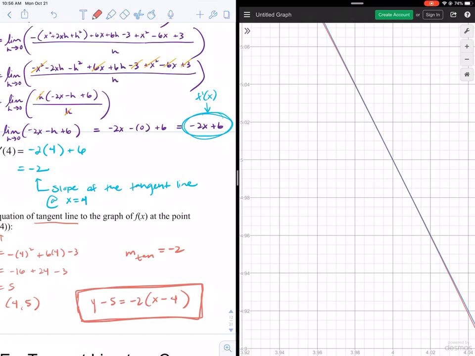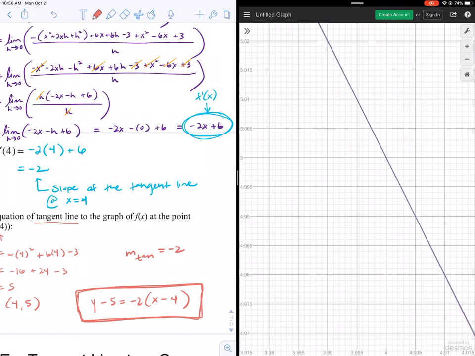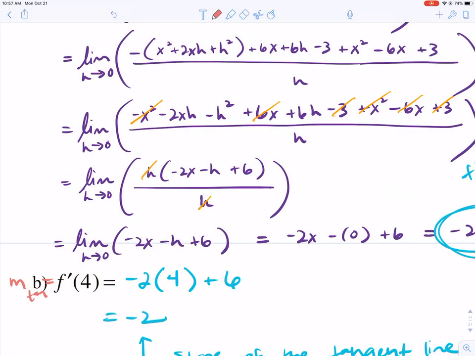So at the point 4 comma 5, the tangent line ends up looking like, if we're zooming in farther and farther and farther, it looks like the line is merging with the graph of f of x, which is why we are able to say that the slope of the tangent line to the curve at that point tells us the instantaneous rate of change at that point, or the slope of the function at that point. How y is changing with respect to x at that point. Kind of cool.